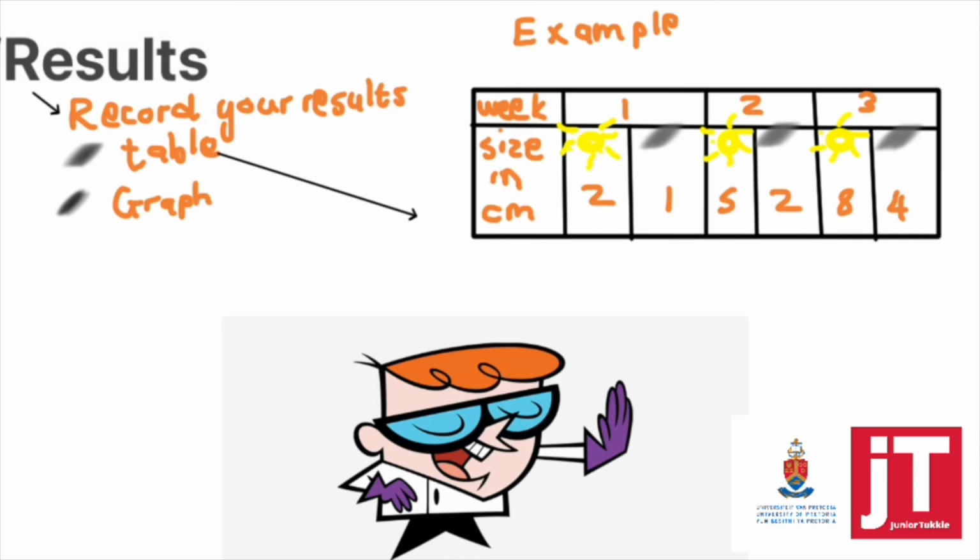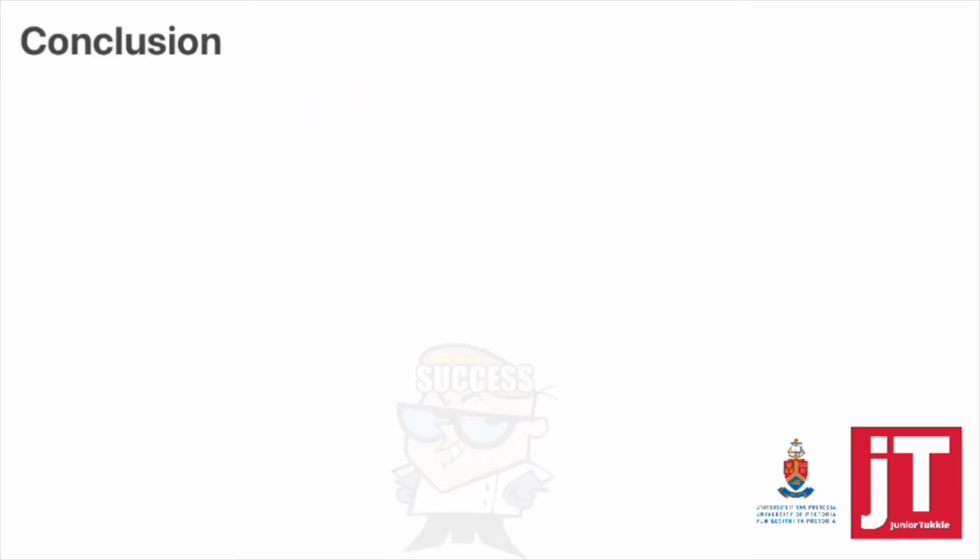So if I have a look at the tomatoes in the sun, we started with 2 centimeters, it moved up to 5 and then to 8. So I can see that my tomato is increasing in size with quite a large amount. But if I look at the shaded tomatoes, it started with 1 centimeter, moved up to 2 and then to 4. So my tomatoes in the shade are much, much smaller.